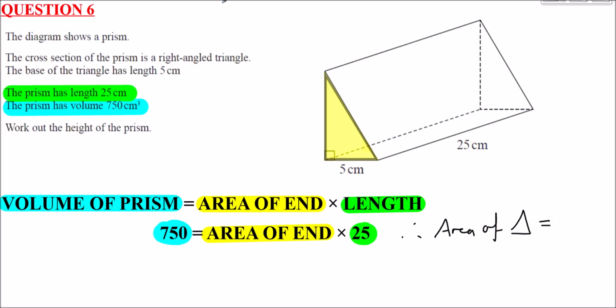We want to get the area of the triangle on its own. We can rearrange this by dividing both sides by 25. So the area of the triangle will be 750 divided by 25.